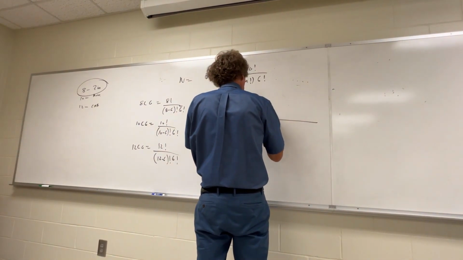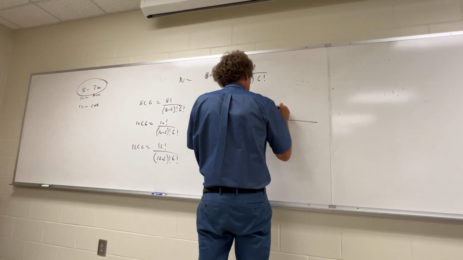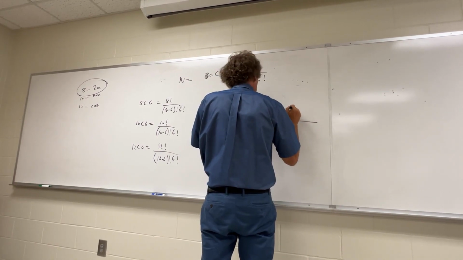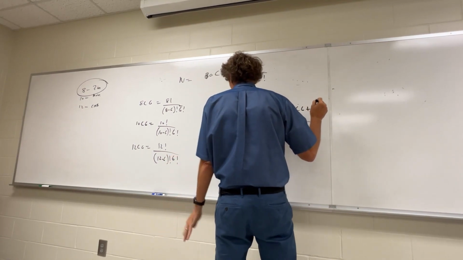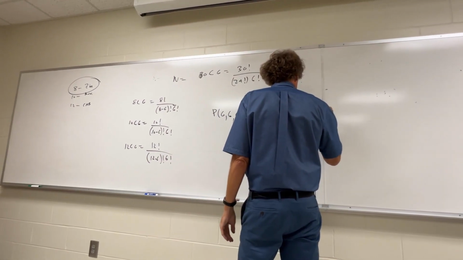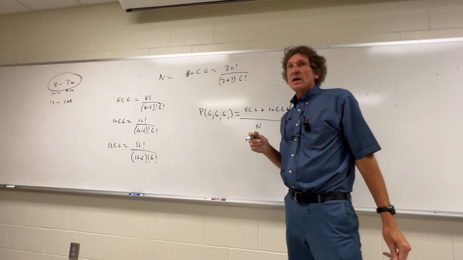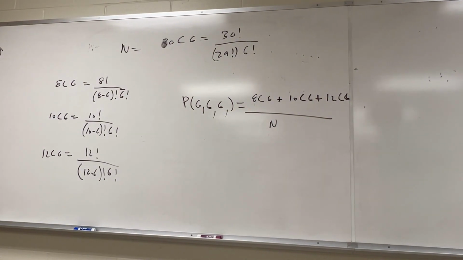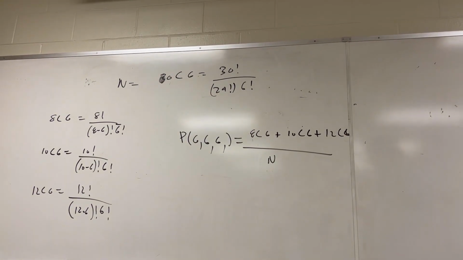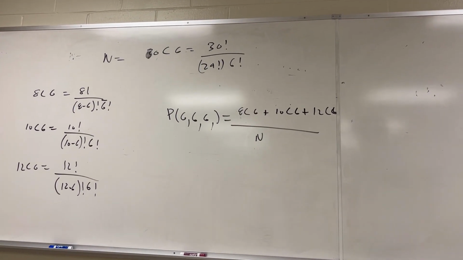So 8 combination 6, and I believe it's plus here, 10 combination 6 plus 12 combination 6, right? Because these are subsets that are not overlapping. Do you all agree with that? Is that the right answer, by the way? It should be. I mean, I have it there, don't I?